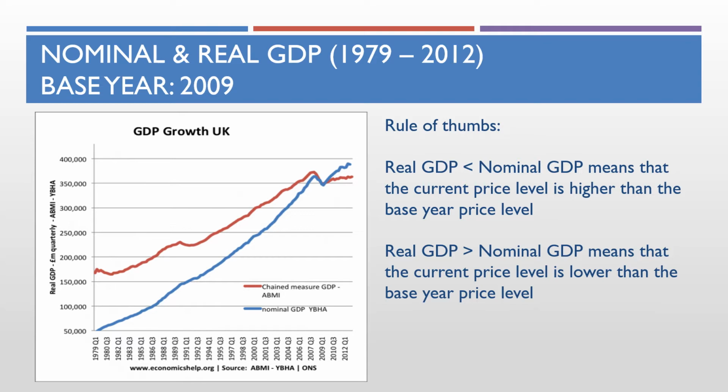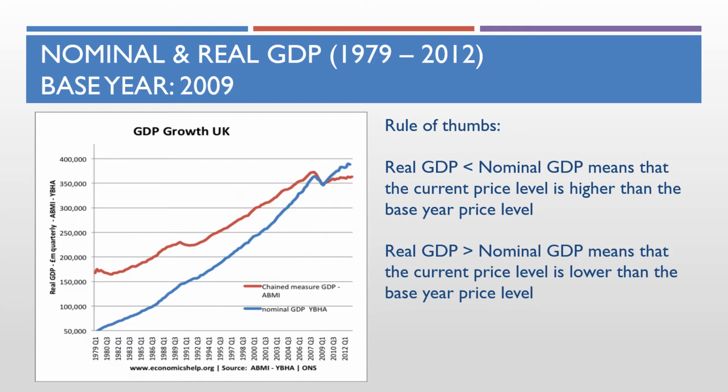Again, a little note for you to understand how this graph is formed. Whenever you get the same number for real GDP and nominal GDP, you can be very certain that is the year that the base year is being set for the calculations of the real GDP.